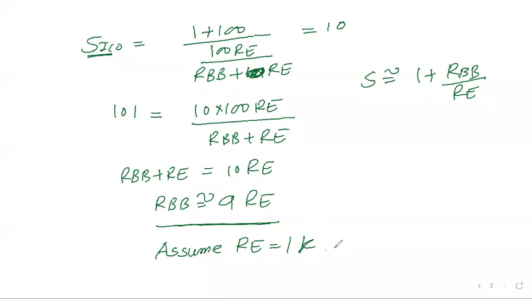Therefore, what will be the value of RB? RB is equal to 9K. You got it? So we got two values: one is RE equal to 1K, and the other is RB equal to 9K.